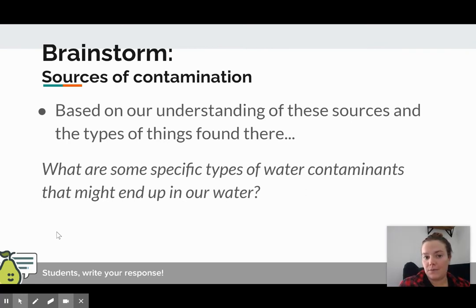So a great example for us to start thinking about is at your house, anytime you go to, let's say, clean off the counter, you're using some sort of chemical, right? And some washcloth, and you go and you wring out the washcloth. That's getting whatever that spray container or chemical is into your water. You then put that washcloth into the washer and you use laundry detergent. Okay, that's adding a chemical to your water.